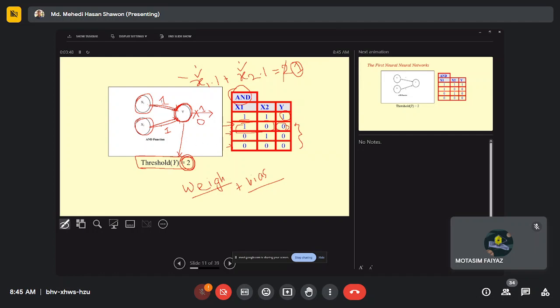The neuron works like that for the rest of the combinations. Do you understand how the neurons are working here? We didn't introduce the bias, but we introduced the weights of the connections as well as the threshold for the output neuron. Do you understand, everyone? Yes, sir.